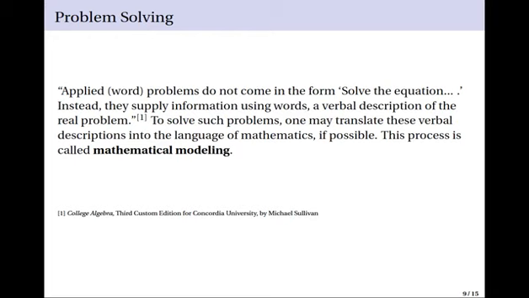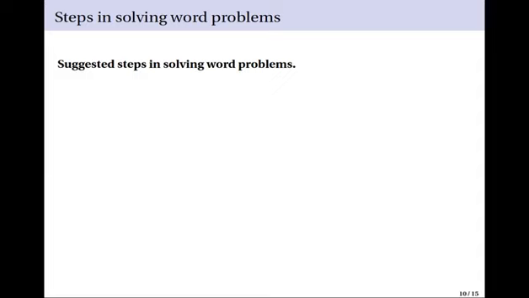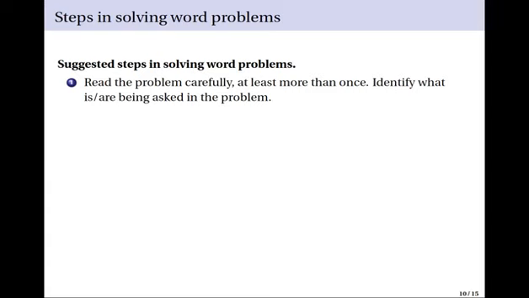So our goal, you have a word problem and we want to solve that. So we use mathematics to solve that. These are the suggested steps in solving word problems. First, of course, you read the problem carefully, more than once if needed. And then identify what is or are being asked in the problem.